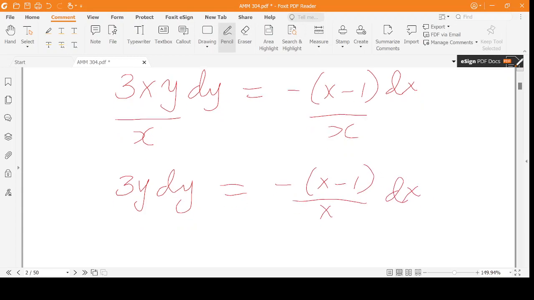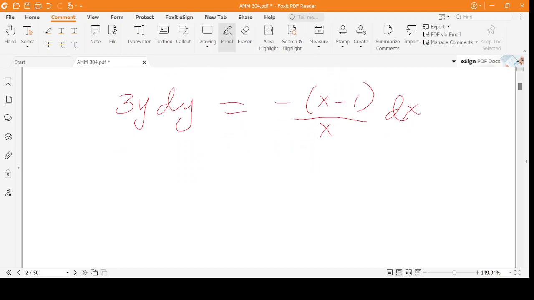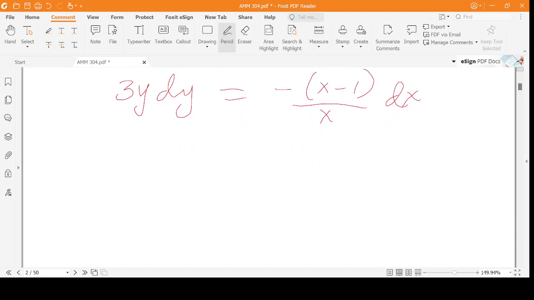So you notice that now on the left hand side I only have the variable y. I don't have x anywhere on the left hand side. On the right hand side I have the variable x only. Y does not appear anywhere. At this point we say we have separated the variables, because we have y on one side and x on the other side.